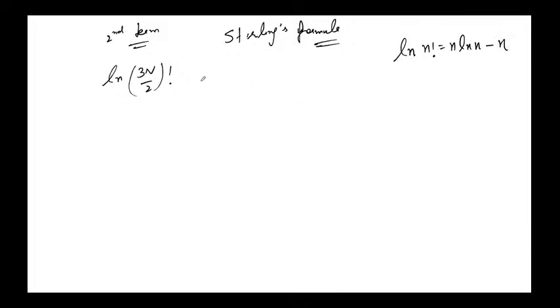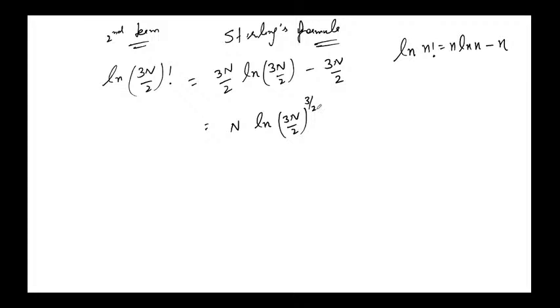Similarly, log of (3n by 2) factorial becomes 3n by 2 log of 3n by 2 minus 3n by 2. We can write this as n log of (3n by 2) to the power 3 by 2 minus 3n by 2. So this is our second term.